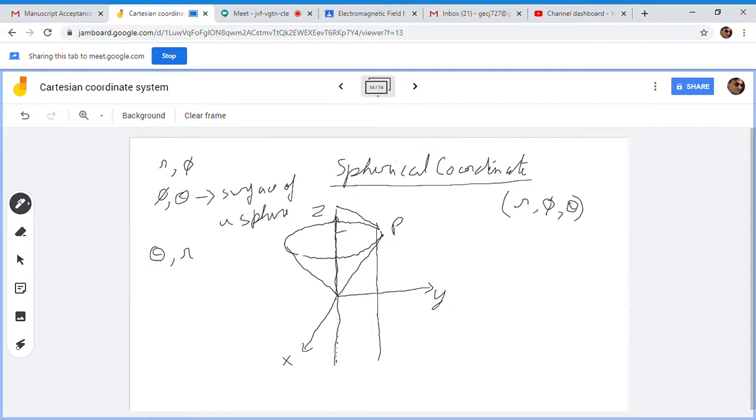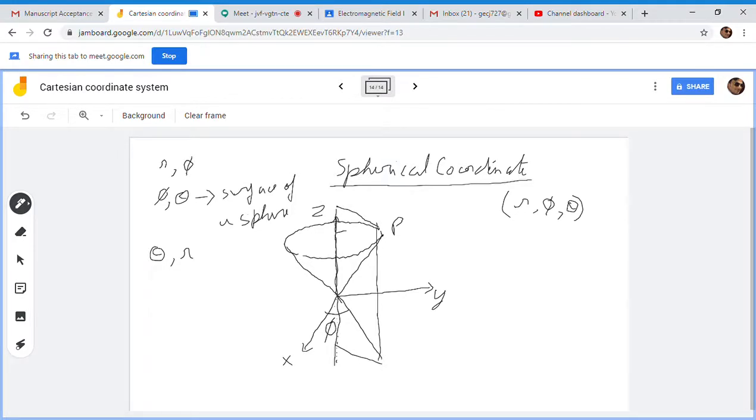This will be at an angle phi. So your phi will be fixed and you will vary your r and theta.